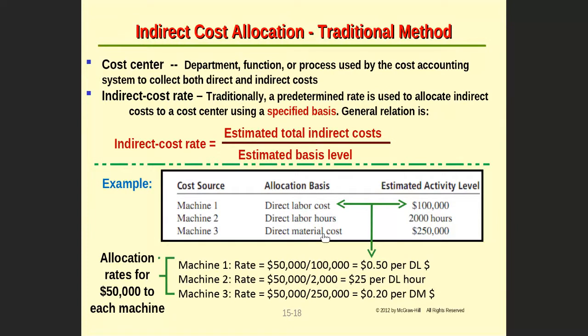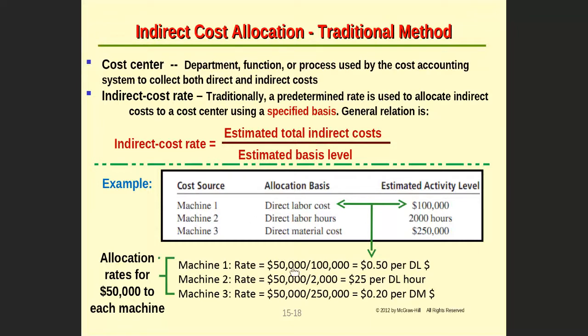To find the rate, in this case, we need to divide the indirect cost for each machine by the basis level for each machine. For machine 1, the allocation basis is the labor cost.